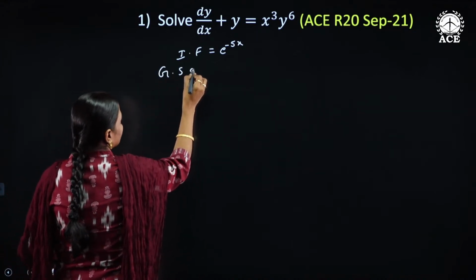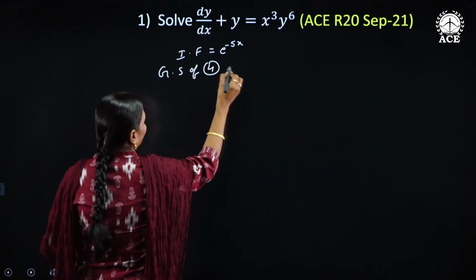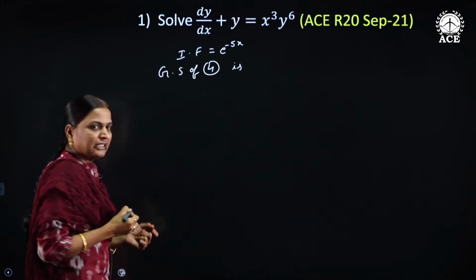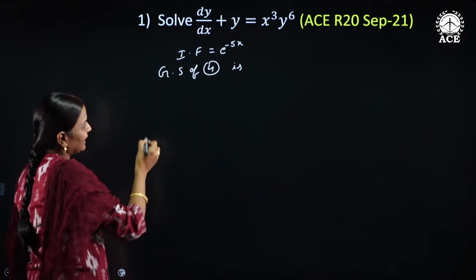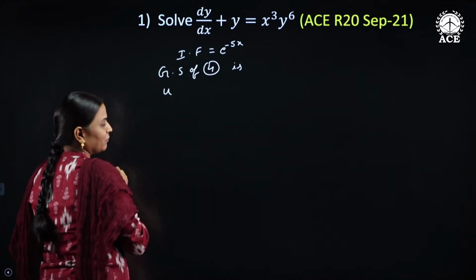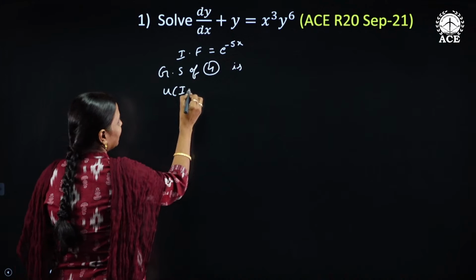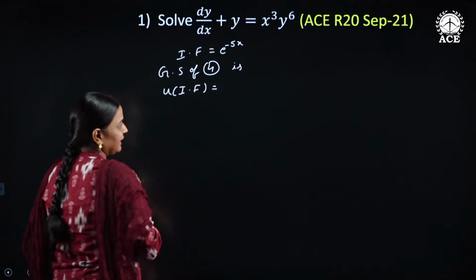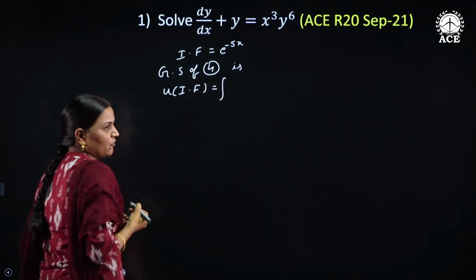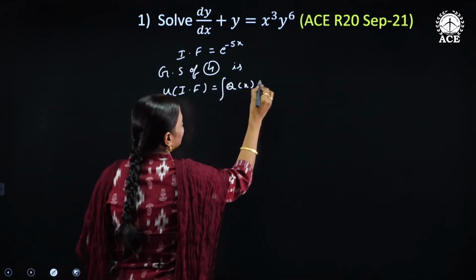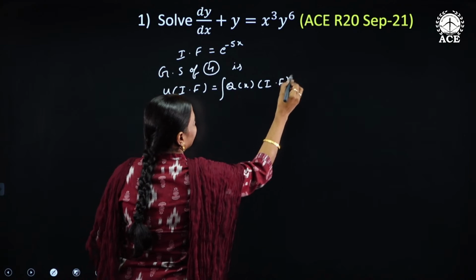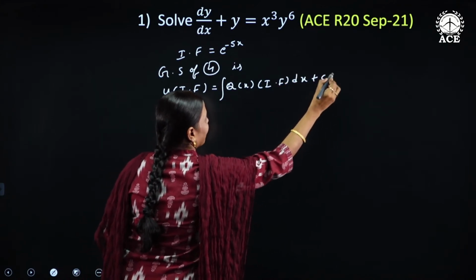What is the formula? Equation 4 is a linear differential equation in u. So u is the dependent variable. The product of the dependent variable and integrating factor is equal to the integration of RHS. What is the RHS? Q of x into integrating factor into dx plus c.